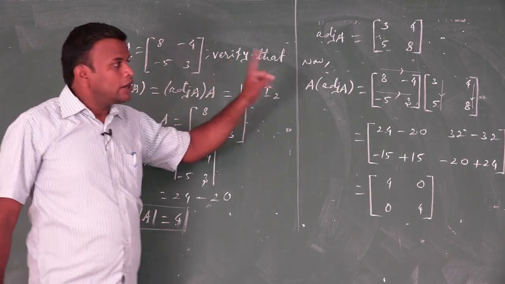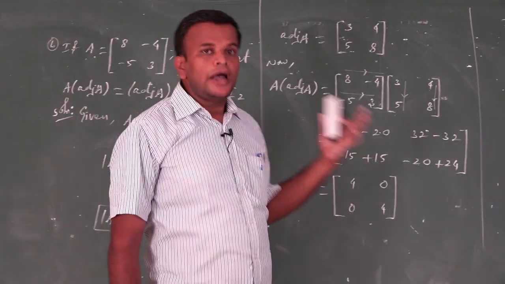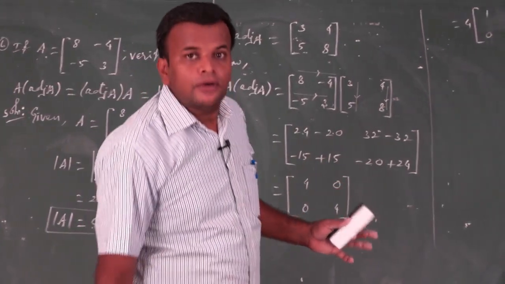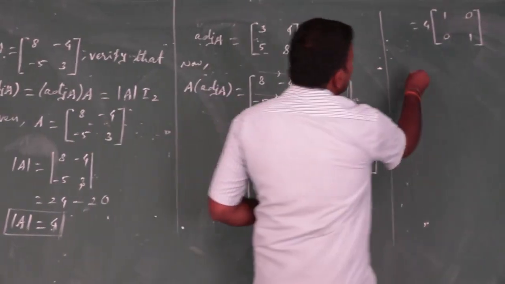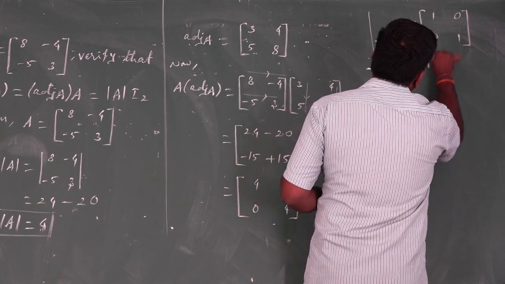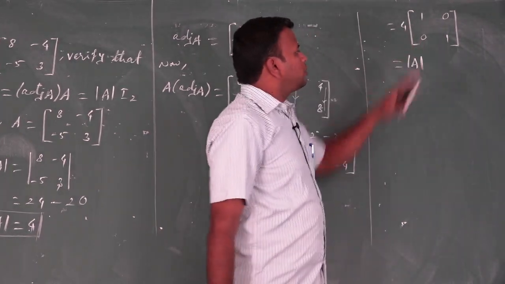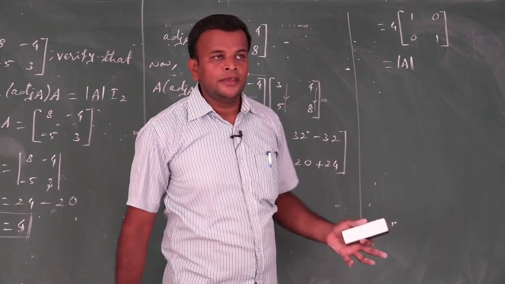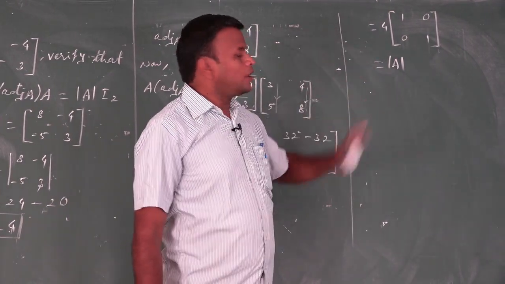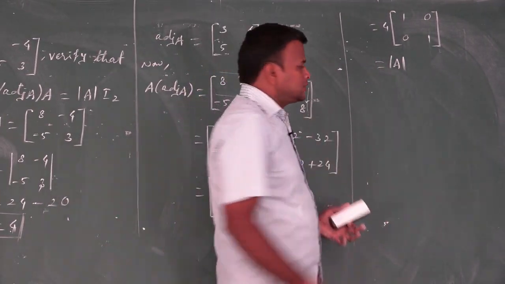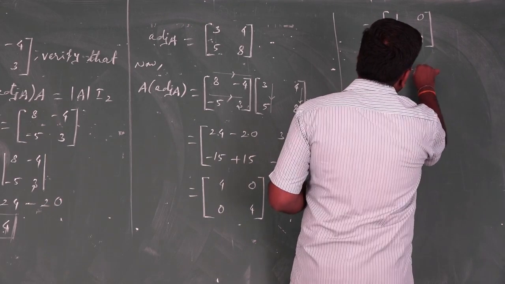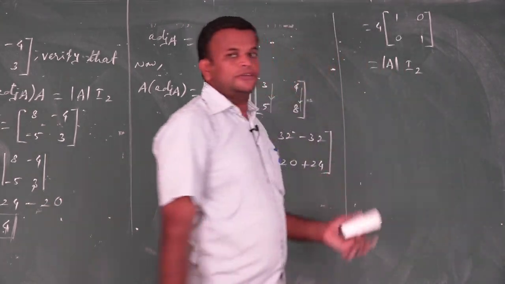You see 1 0 and 0 1 is the identity matrix. So now we write determinant A. The number 4 is the determinant A, and 1 0 0 1 is the identity matrix. In our proof it is given as I2, so I write I2.